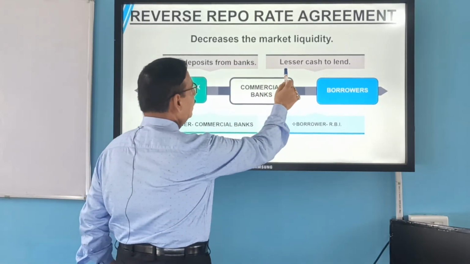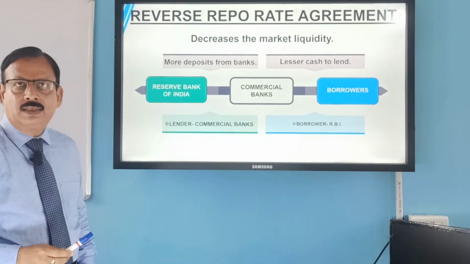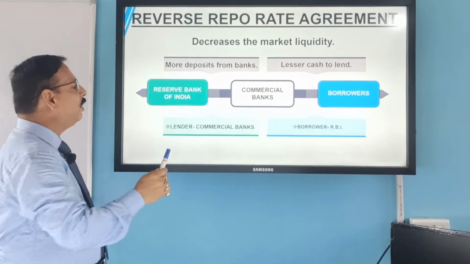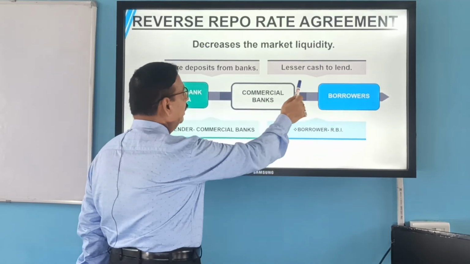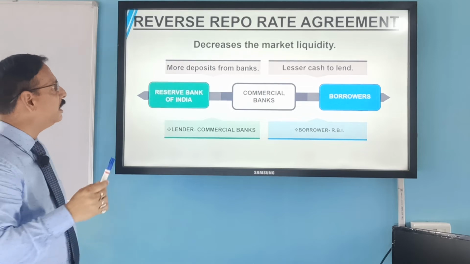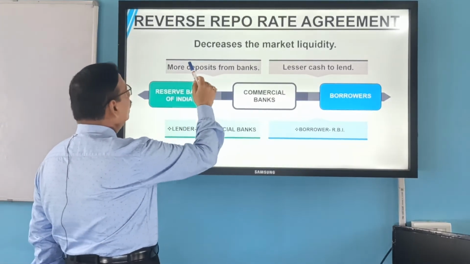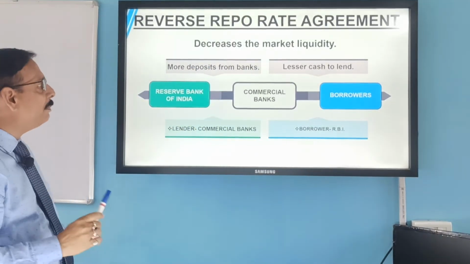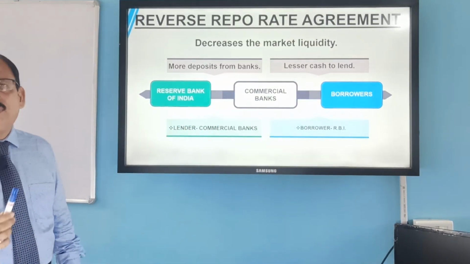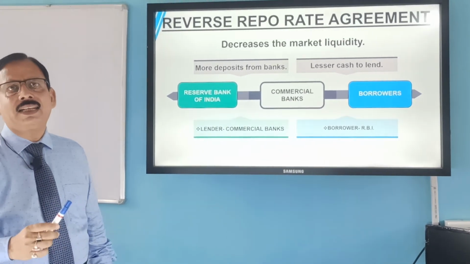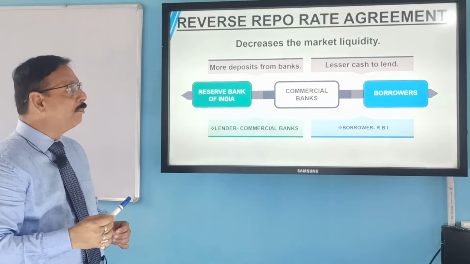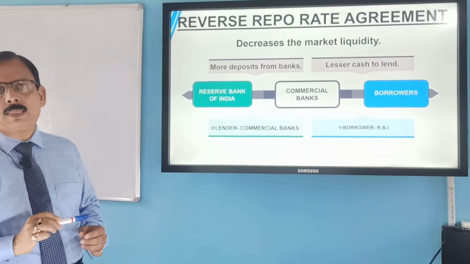They will have the lesser cash to lend because they have given money to RBI. And once they will have less cash, they will give less money to the borrowers. It means that in the reverse repo rate, what happens? Decreases the market liquidity. It means what? Money supply is less in the market now due to reverse repo rate agreement.